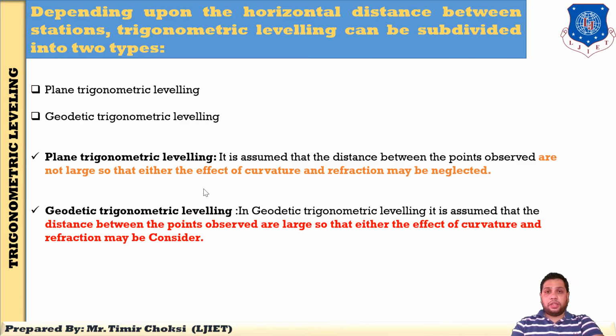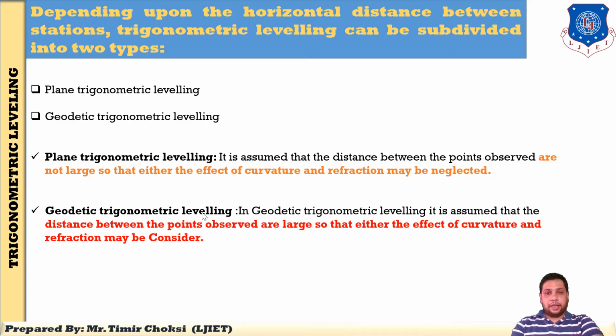So listen students, depending upon the horizontal distance between the station and the object, you consider two types: one is plane and one is geodetic. In this whole chapter on trigonometric leveling, you consider only plane trigonometric leveling, not a single example of geodetic trigonometric leveling.